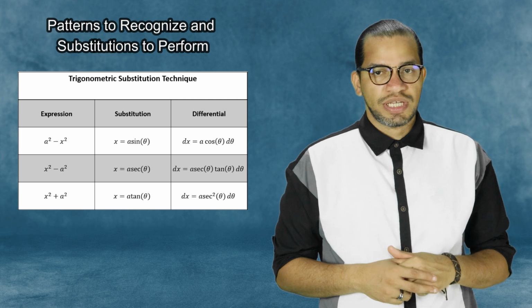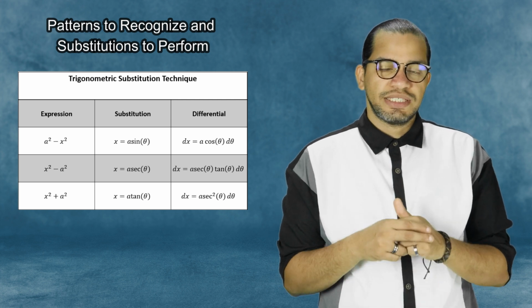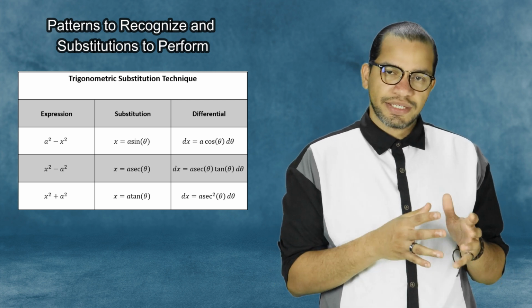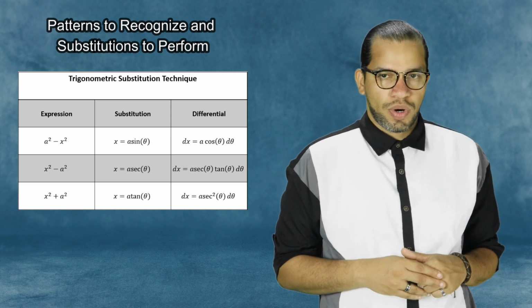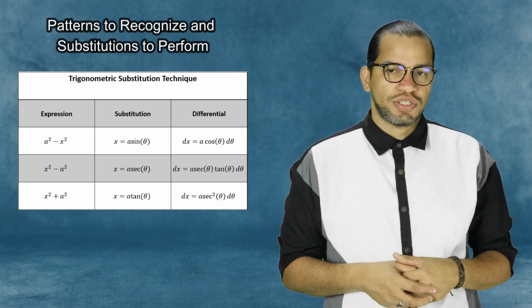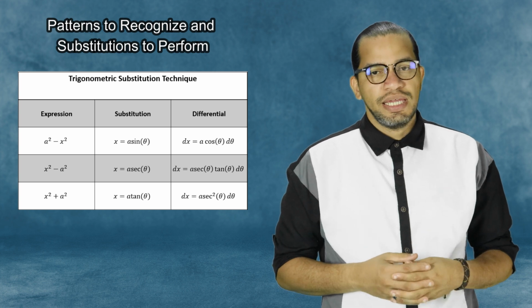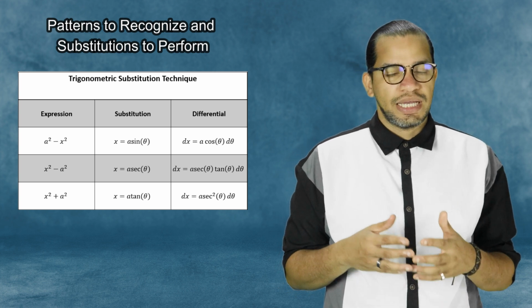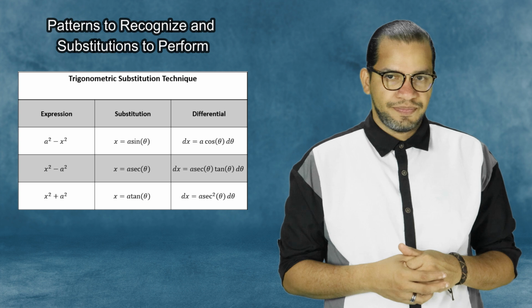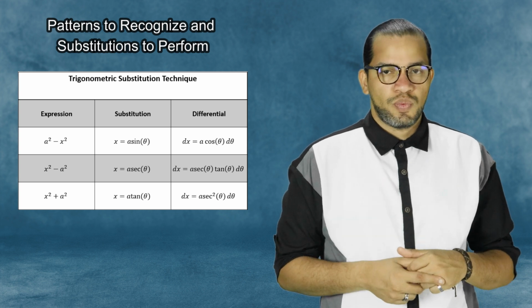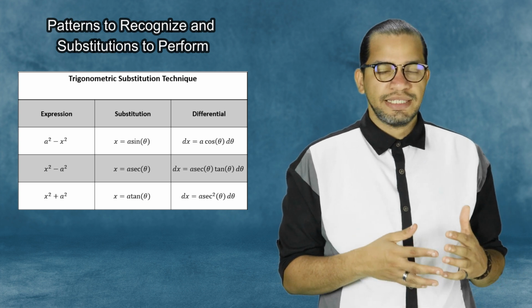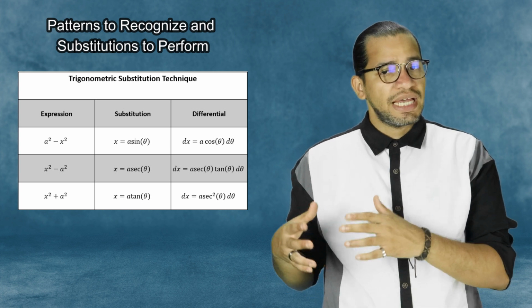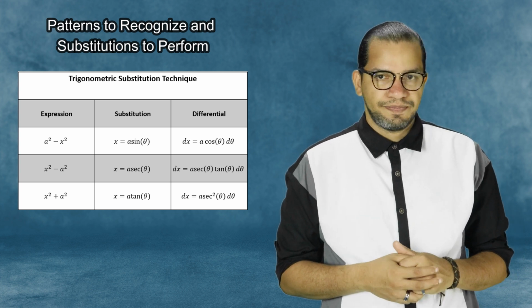The second expression that we have to recognize is the one given by x squared minus a squared, in which we have to do the substitution x equal a times secant of theta. Then dx will be equal to a times secant of theta times tangent of theta d theta.